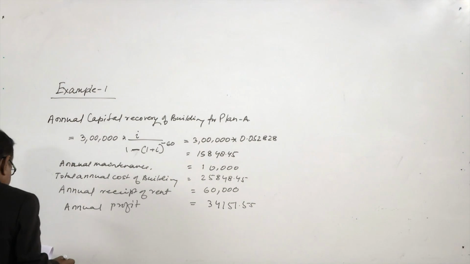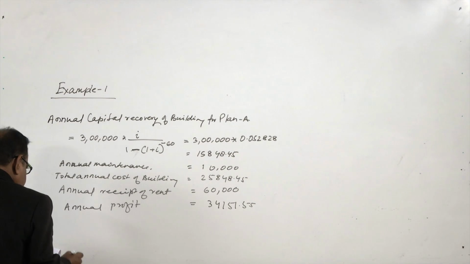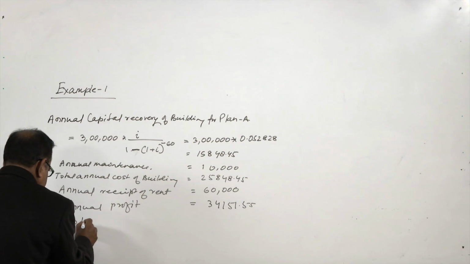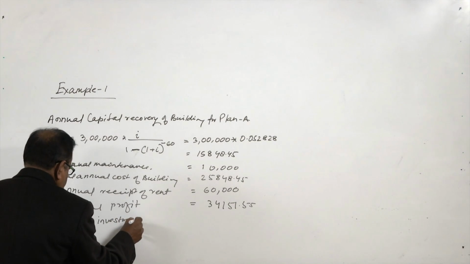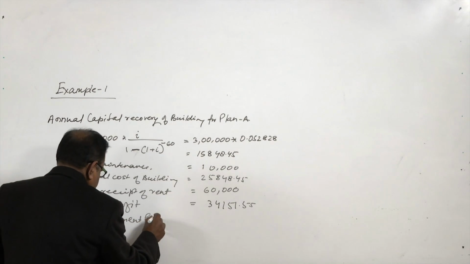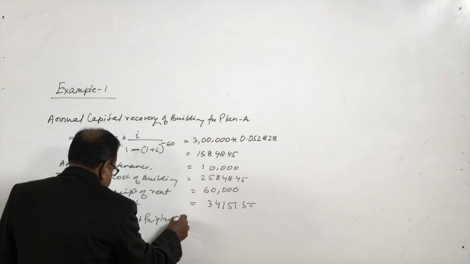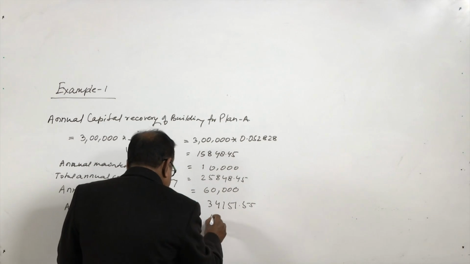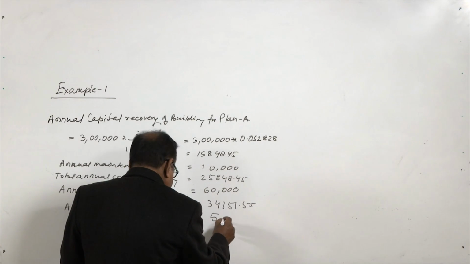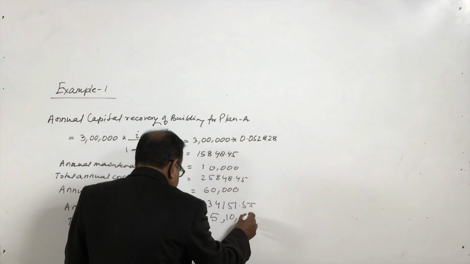Now, total investment for plan A is equal to 5,10,000.